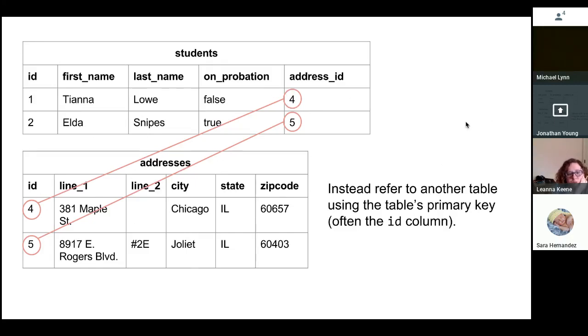Do you have to make sure that the primary keys and the foreign keys are all unique across the entire schema, or can the keys kind of be duplicated? Like you could have key 1 in addresses and key 1 in students. Yeah. In terms of primary keys, they will always start at 1 and increment.